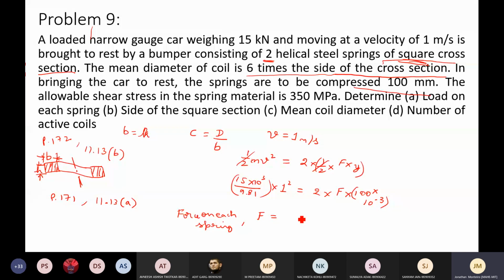How much are you getting? 7645.2. Yes, correct, exactly. So this is kinetic energy equal to energy stored, just to recap, stored by 2 springs.